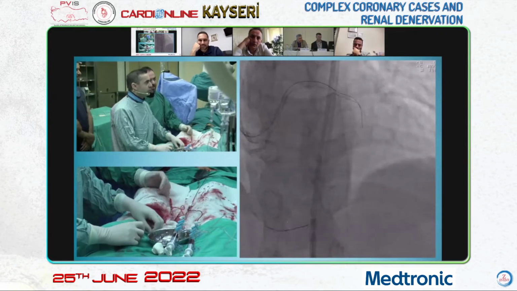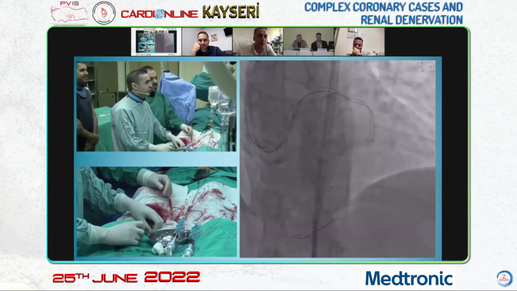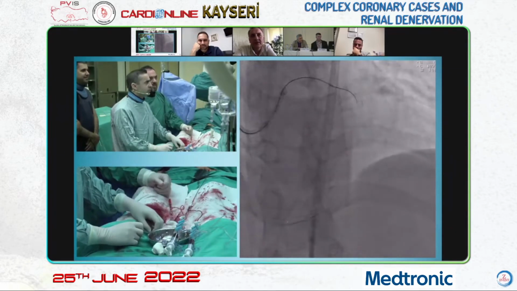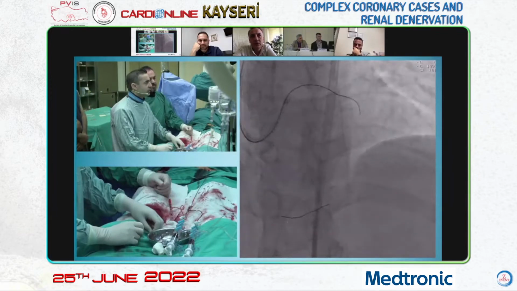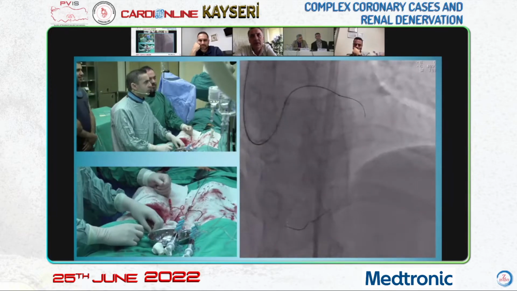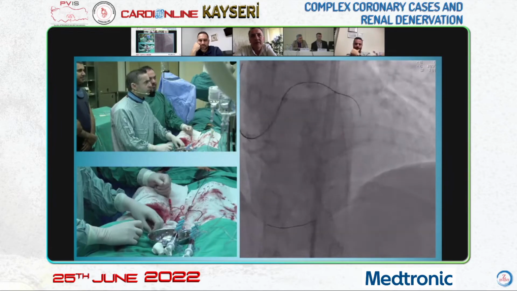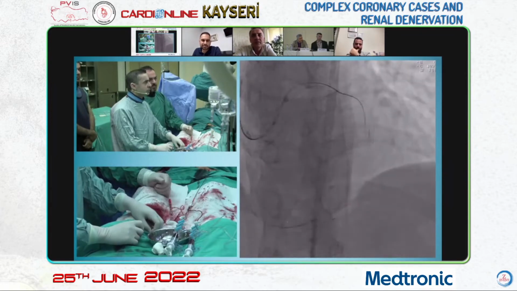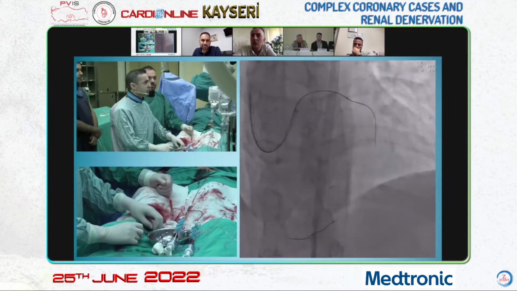Mustafa doesn't use torque. Mustafa's CTO is something different. So sometimes you need to give half torque, 1-to-1 torque. Sometimes you give 30 or 40 degrees torque.